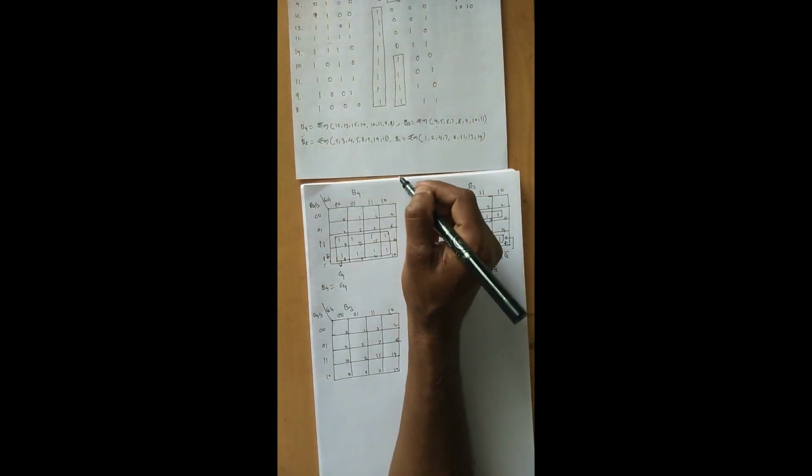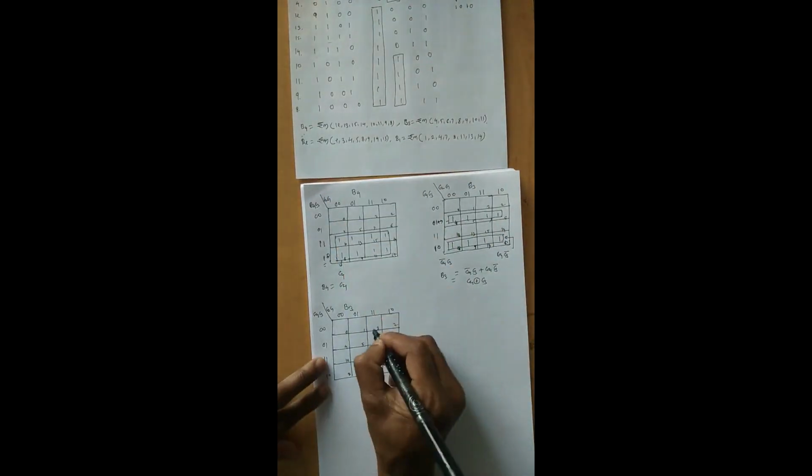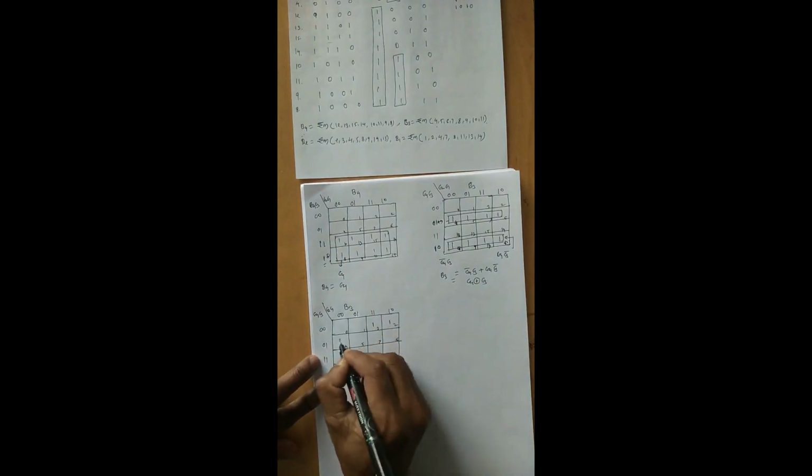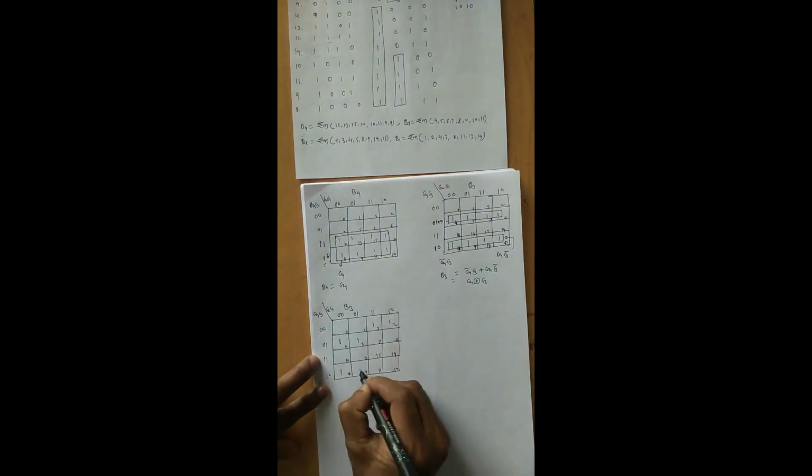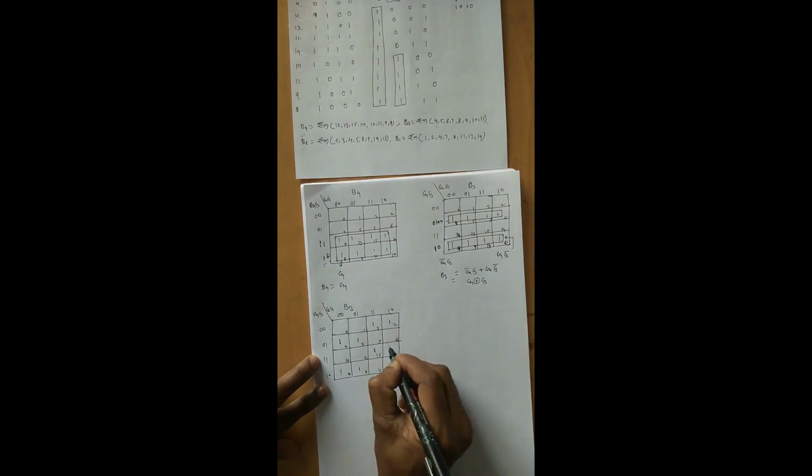The minterms which are present are 2, 3, 4, 5, 8, 9, 14, 15.